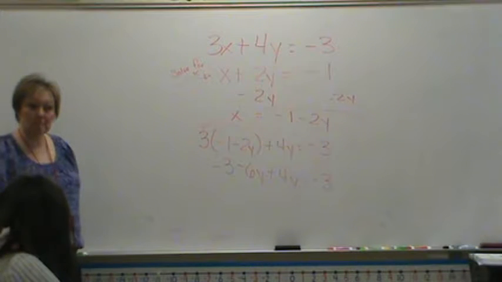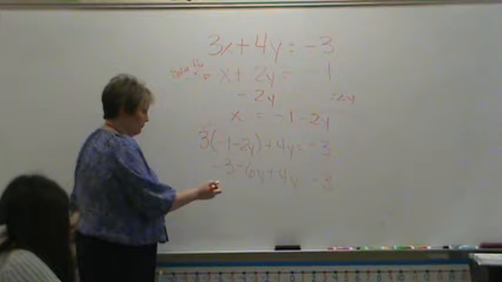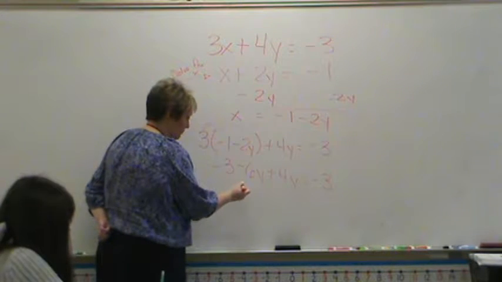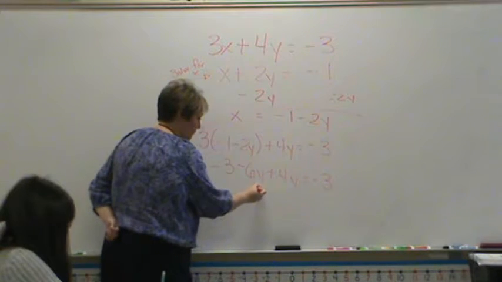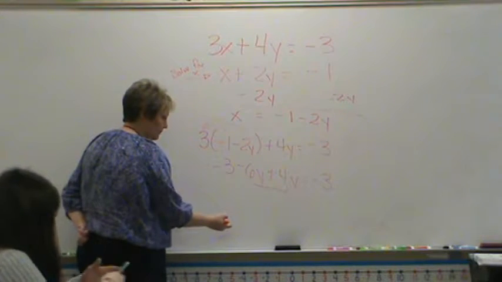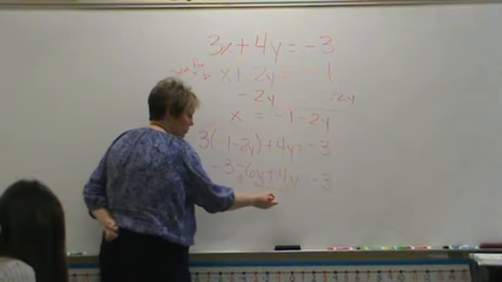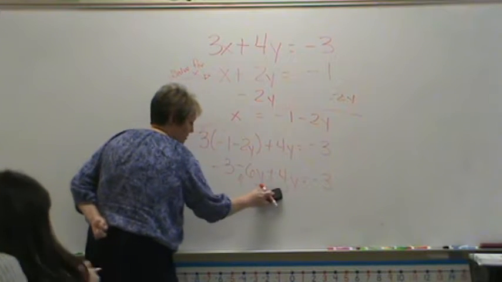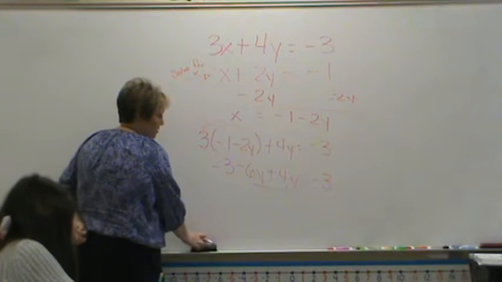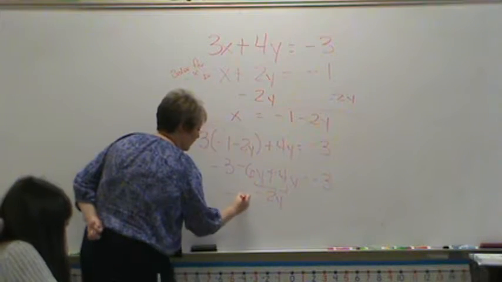Keep going. -3 minus 6y plus 4y equals 10y. Are you sure? Maybe. Look at the signs again. -2y. Okay.